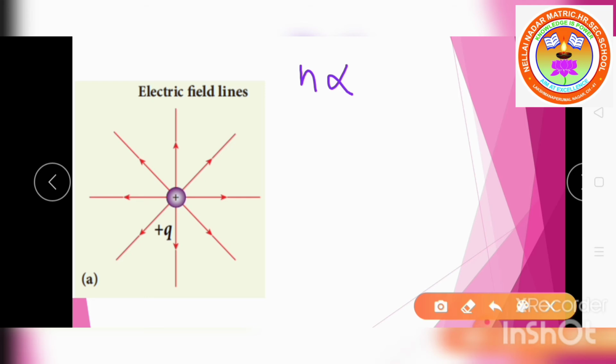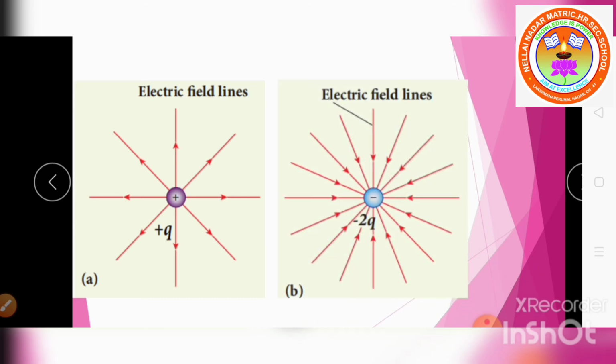So the magnitude of the charge depends upon how many lines are there. If you see here, 1, 2, 3, 4, 5, 6, 7, 8. So the number of field lines emanating from the positive charge plus Q is 8.